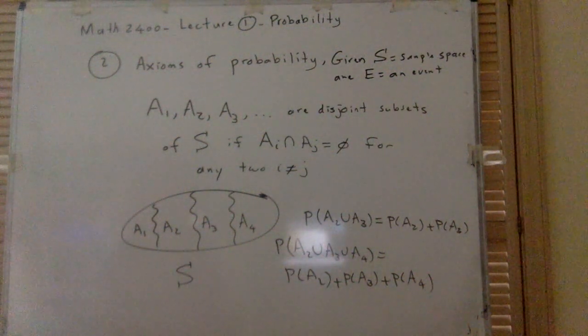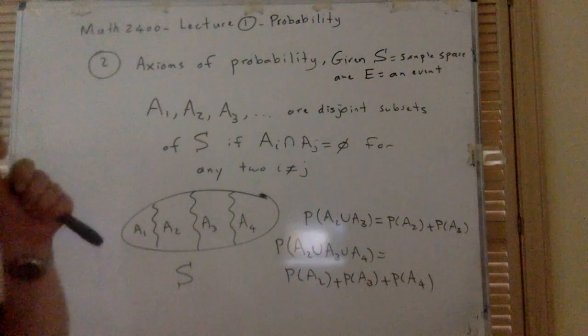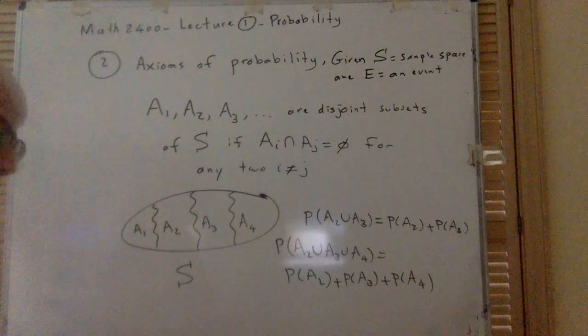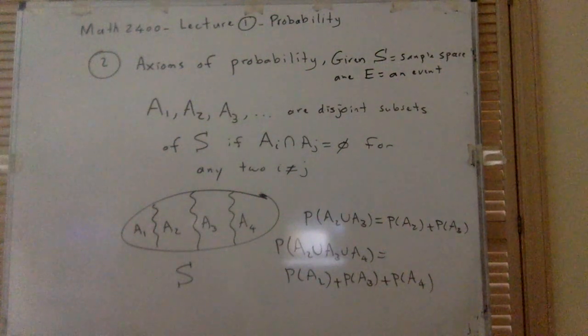Axiom number 1 was in fact the definition that the probability of an event is a non-negative number. Non-negative means it can be 0, but it's not negative. The second one says that the probability of S itself, the sample space, is 1. We always assume that S is an event.